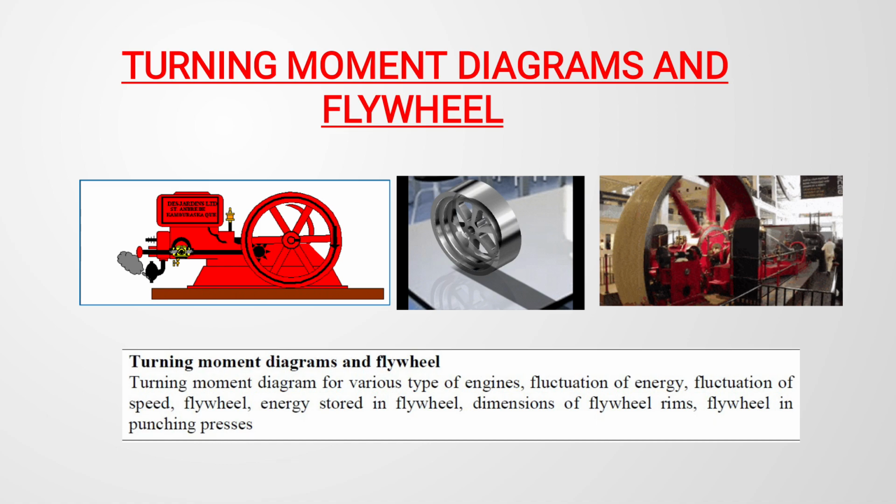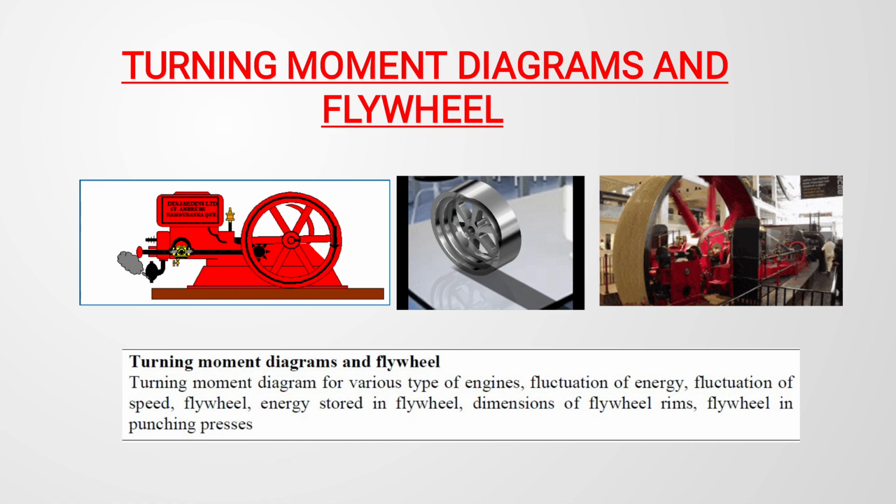Initially we need some knowledge about the flywheel. After that we go for the turning moment diagrams and how they can be formulated from the theoretical part. In this turning moment diagram and flywheel part, we see the turning moment diagrams for various types of engines.